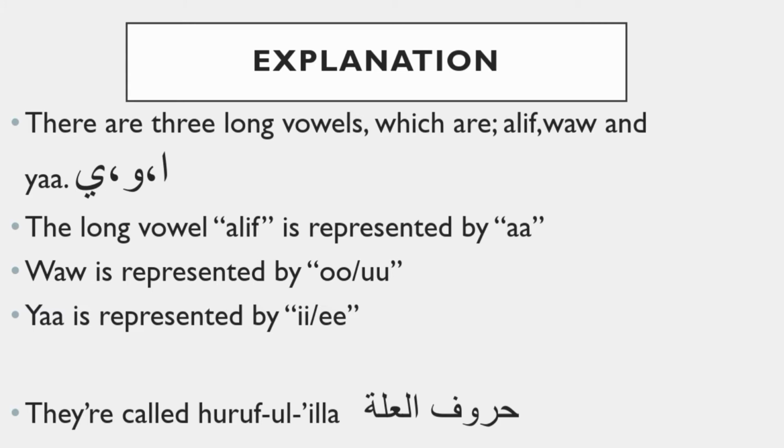Then we have ya. Ya is represented by either I or EE. It depends, people transliterate differently. So that one is pronounced as E. So we have A, E, U.